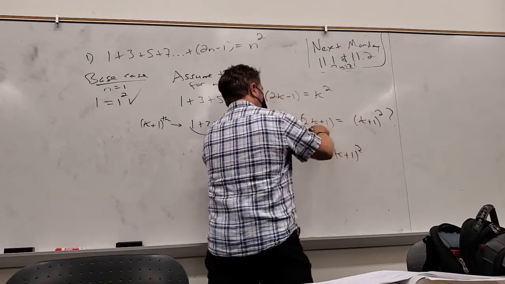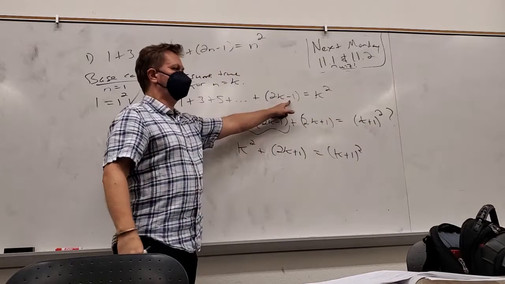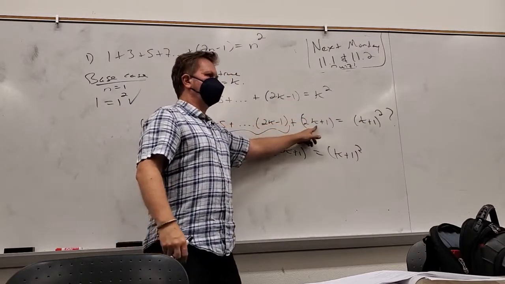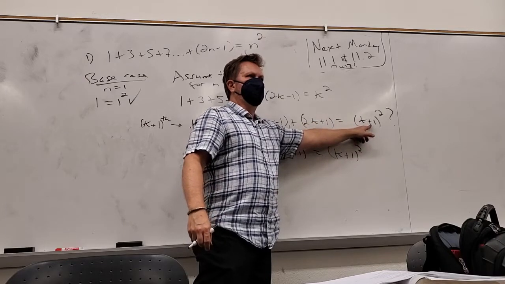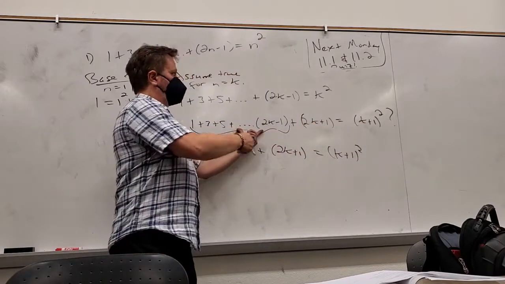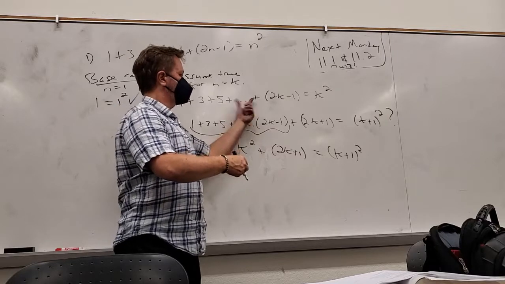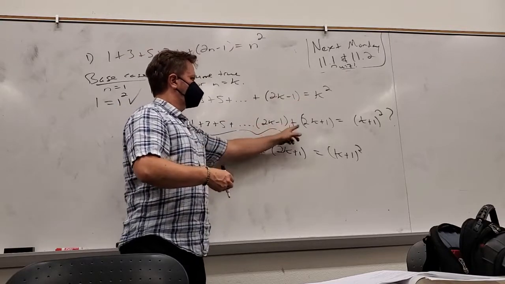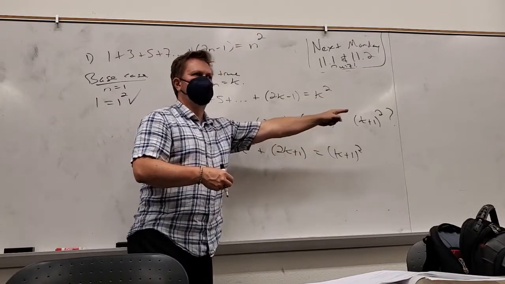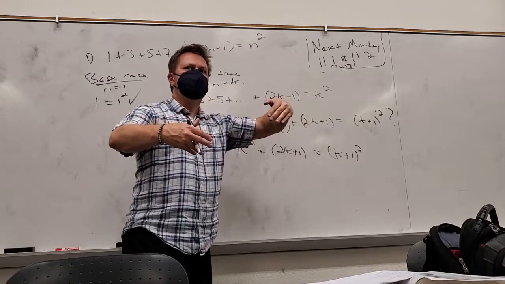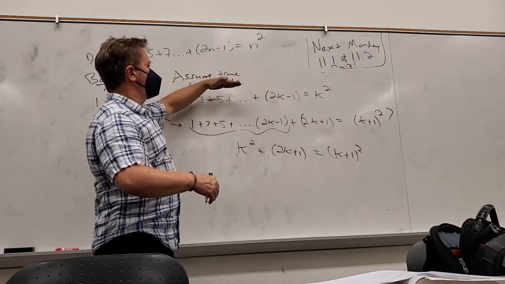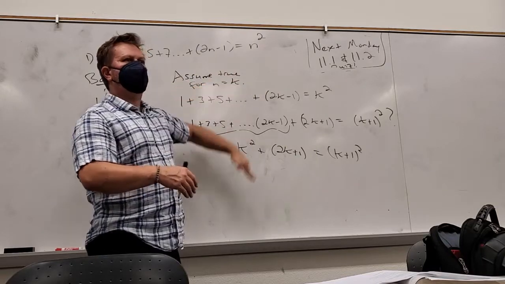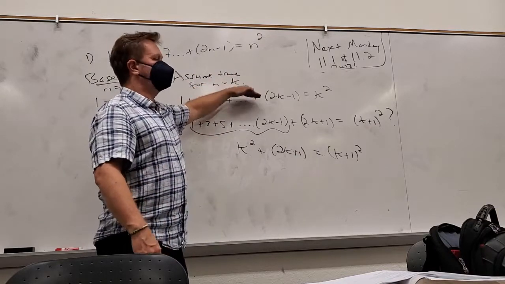Because that's what this is supposed to be, yes? If it follows this rule, when I add the next piece, it better equal this thing cranked up by 1, yes? We're assuming we know that that is k squared. So k squared plus this better equal that. If it does, that means that if I know that any of them work, all of them work. Because if one of them works, the next one works.